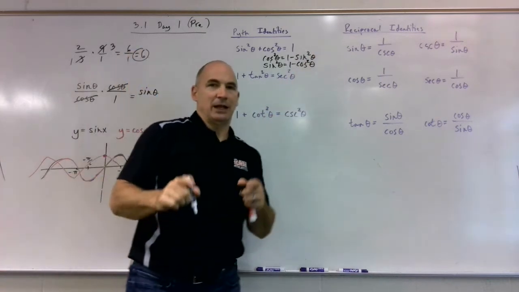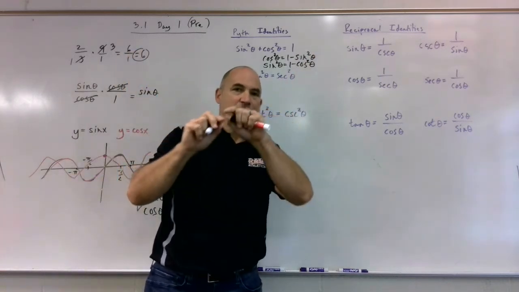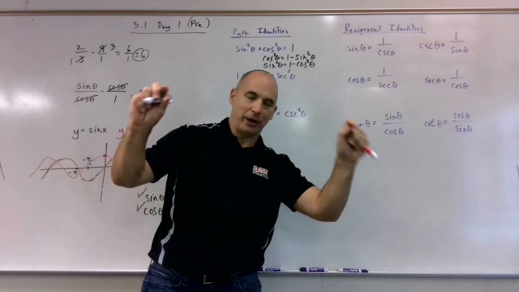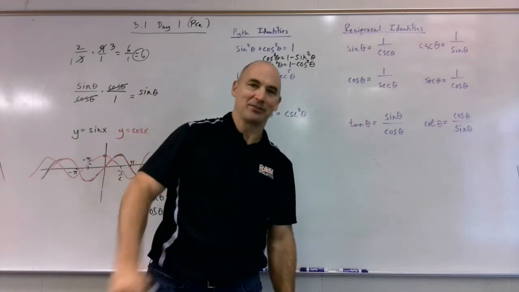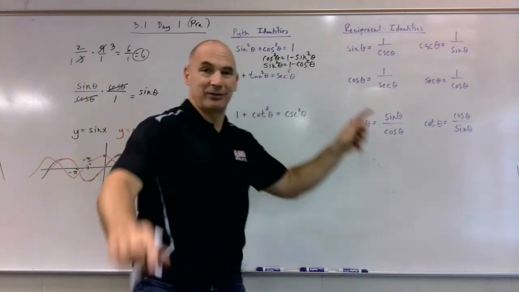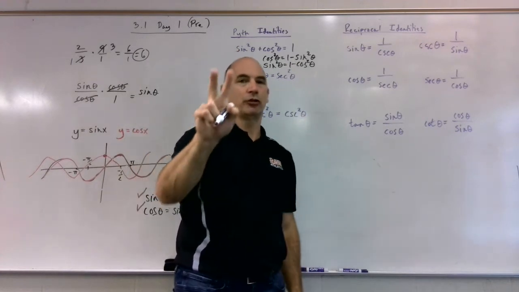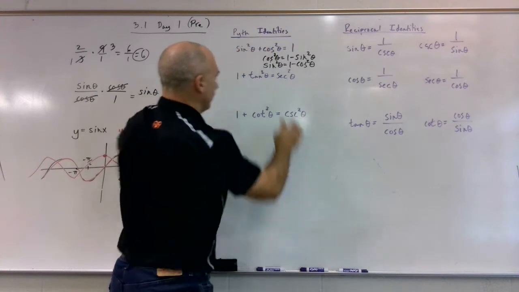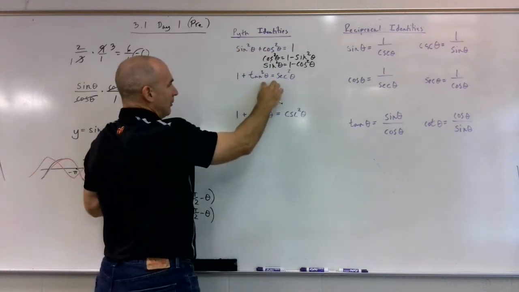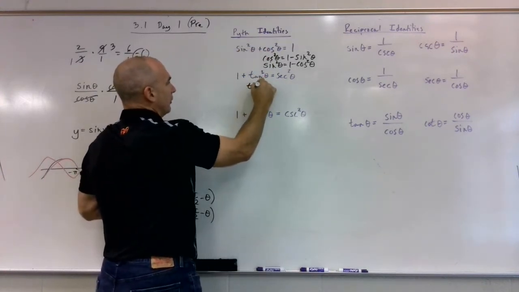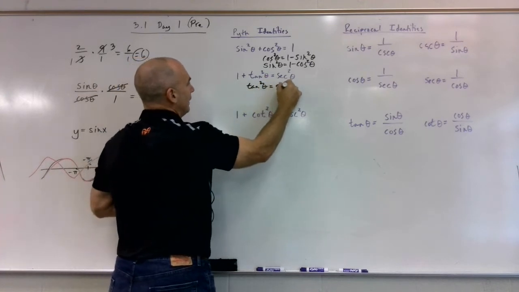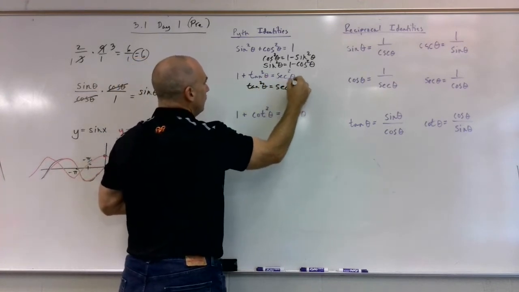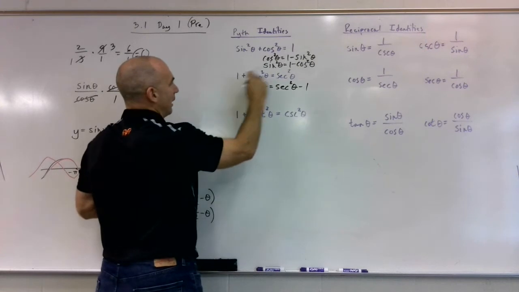So understand that every identity, every true equation, gives birth to two others. So that one is actually 3. Same thing here. I could actually say that tangent squared theta equals secant squared theta minus 1. Just subtract 1 from both sides.